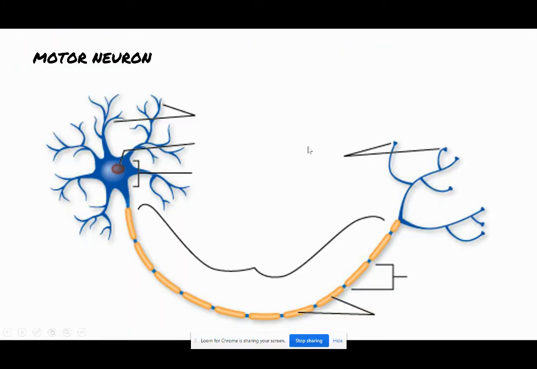All right, so this is just an opportunity for you to go ahead and see if you can label all these structures of a neuron. And by the way, this is a motor neuron. There's 3 different types of neurons we're going to look at. This one in particular is a motor neuron. So pause the screencast and see if you can identify these structures.